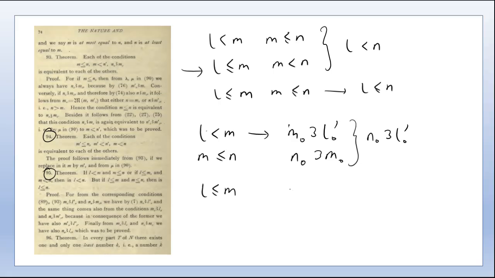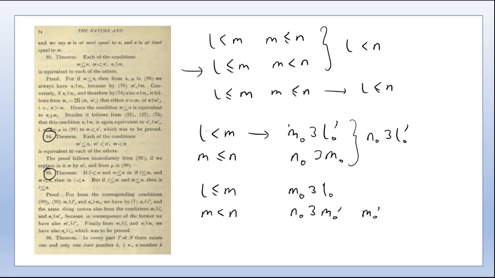So in that case, by 93, we've got that M naught, am I getting this the right way round? Yeah, is a part of L naught. We've also got that M is less than N. So M is less than N. That means that N naught is a part of M naught primed.